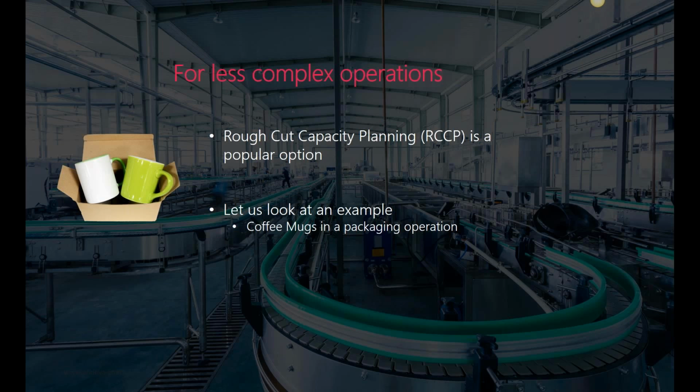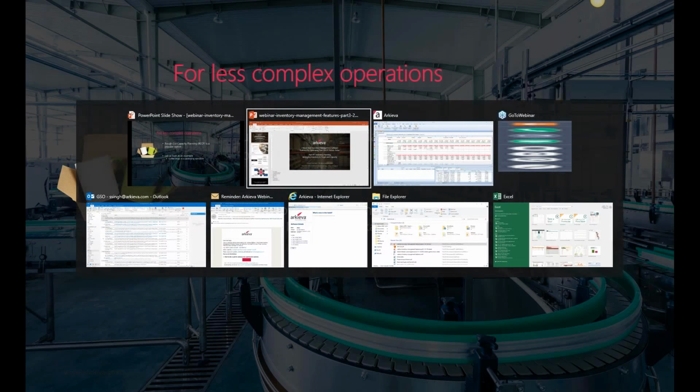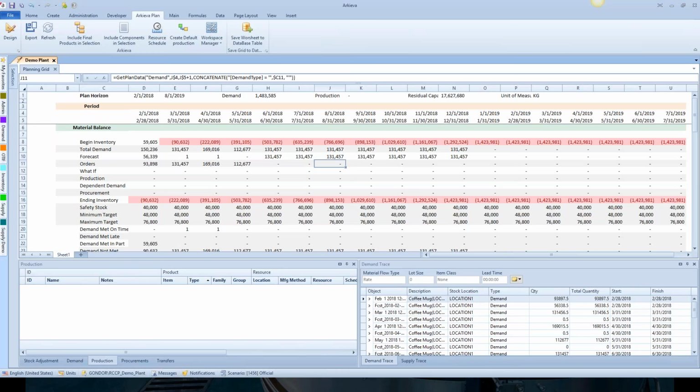For today's discussion, I've taken the liberty of using the Arkieva interface just to give you a couple of examples. The interface does look like Excel by design, because rough cut planning users are typically coming from that Excel background. So let's look at this example. I'm going to skip out of the slide deck and go to the software.